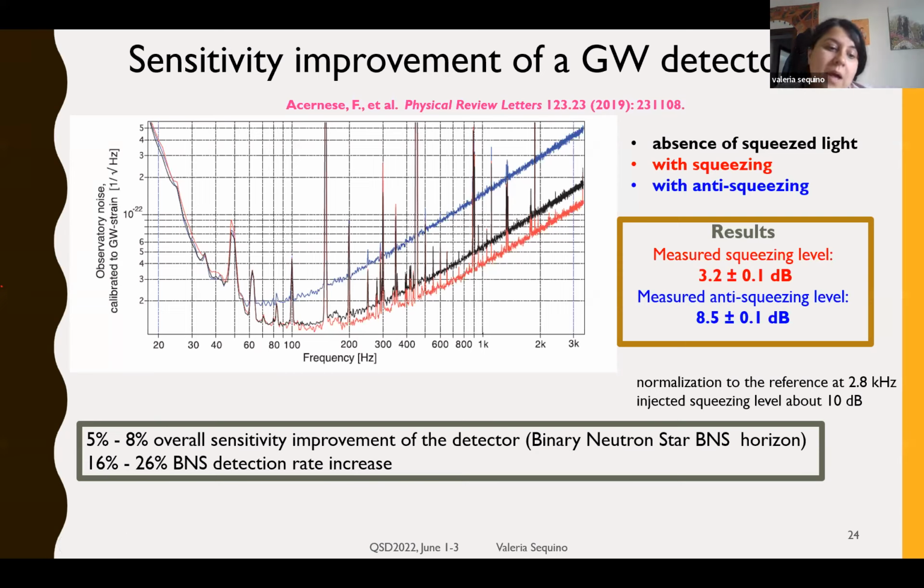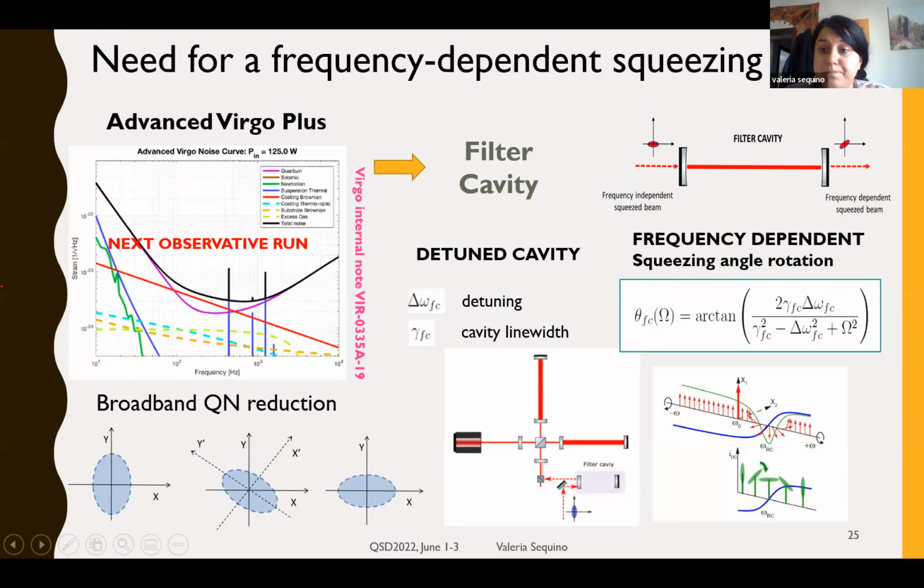This corresponds to an overall sensitivity improvement of the detector of 5.8%, and a binary neutron star detection rate increase from 16% to 26%.